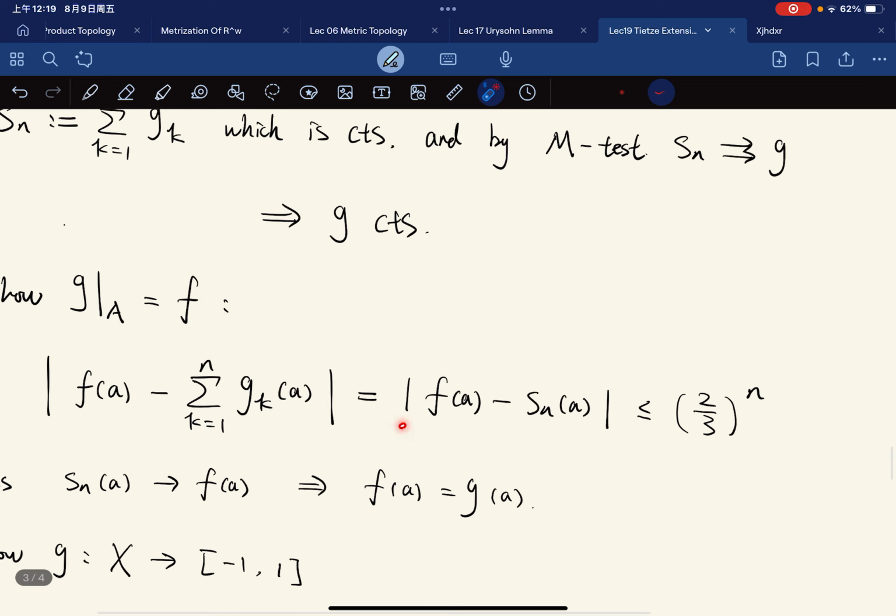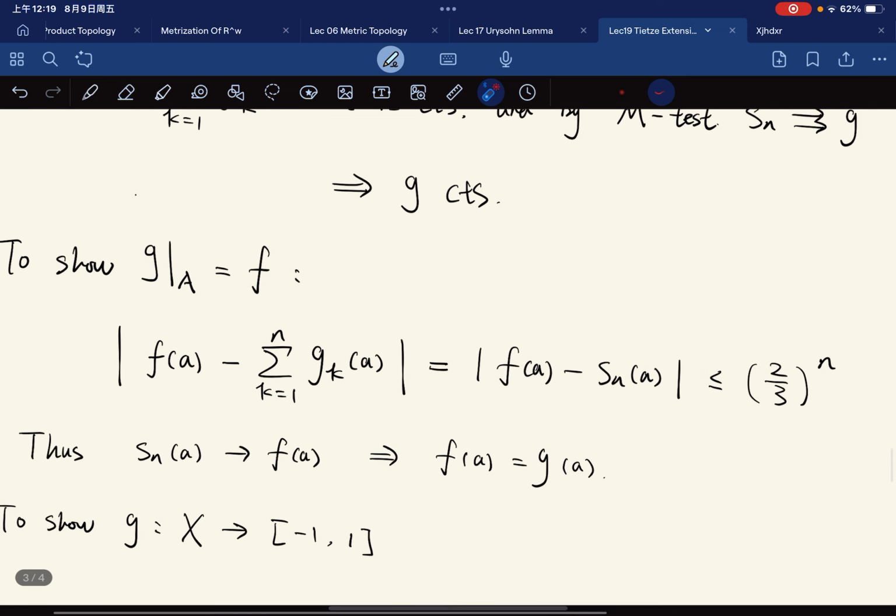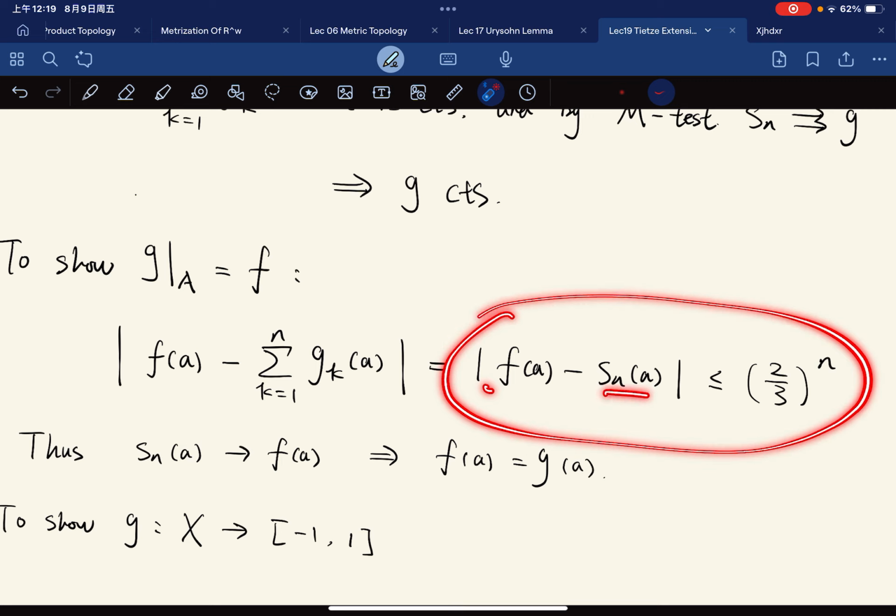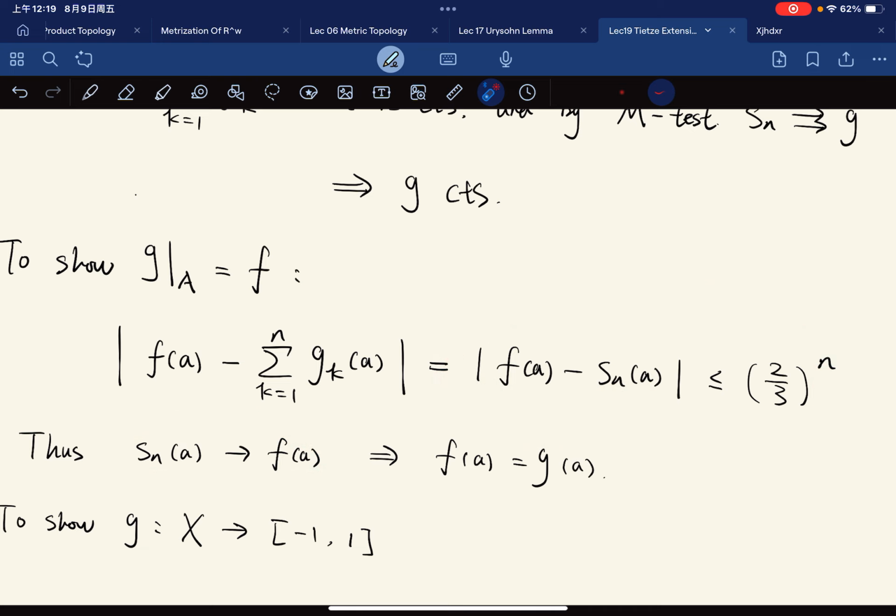So from here, we see that Sn(a) converges to f(a). So by the uniqueness of limits, f(a) is equal to g(a).